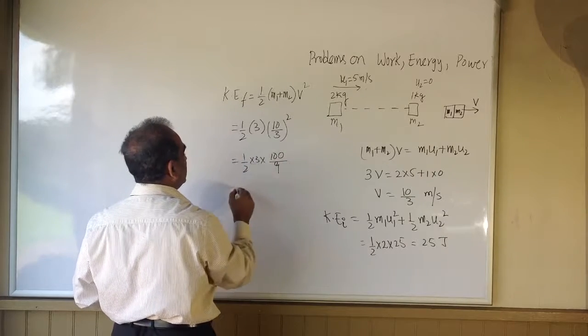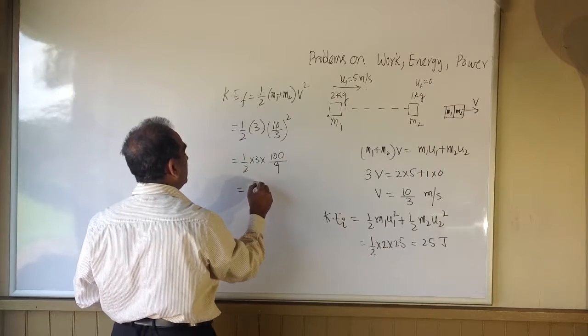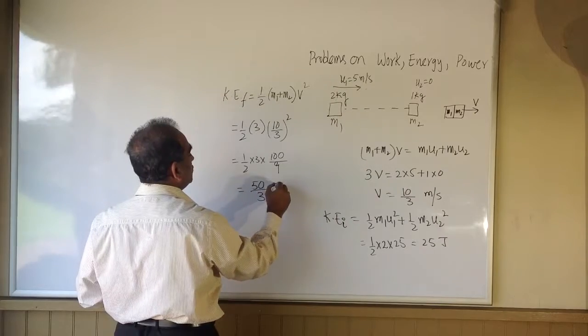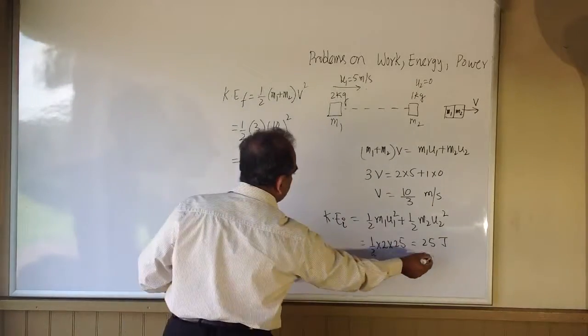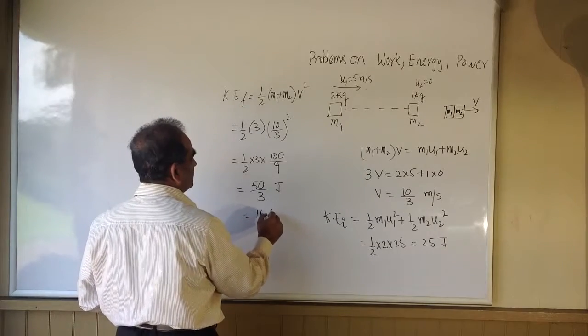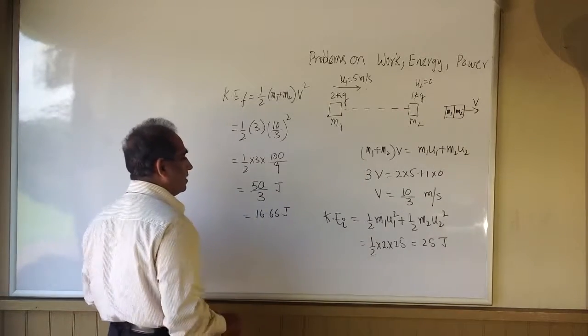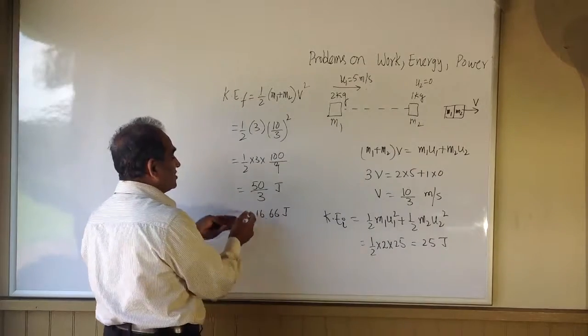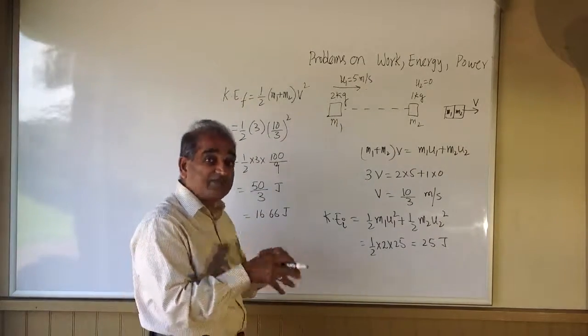So this 3 cancels, and you get 50 over 3 joules, which is 16.66 joules. So from 25 joules to 16.66 joules, the kinetic energy has come down.